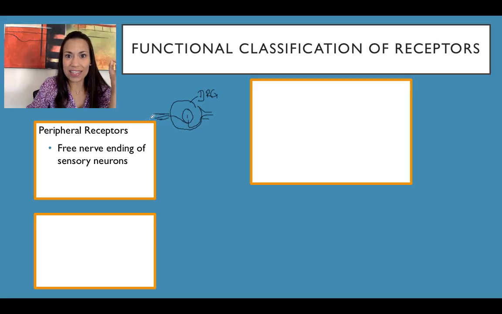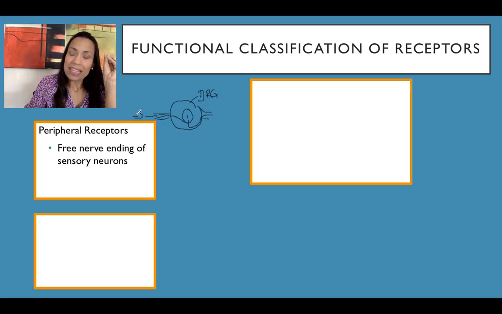The dendrites, which are the endings of this sensory neuron, can act as a receptor by themselves. And they're generally spread in the body, and they can detect the general sensations, which is, again, touch, temperature, vibration, pressure, and I think I'm missing some.